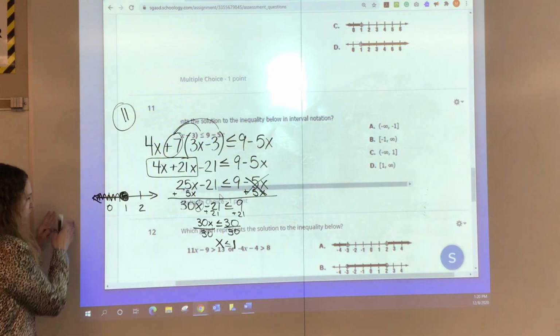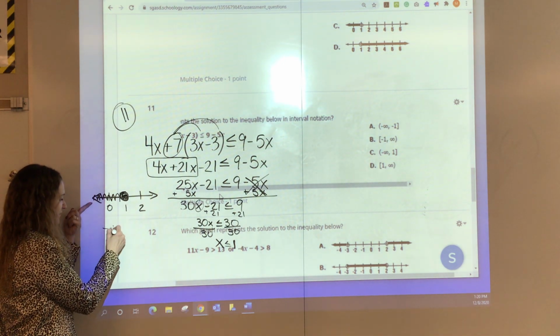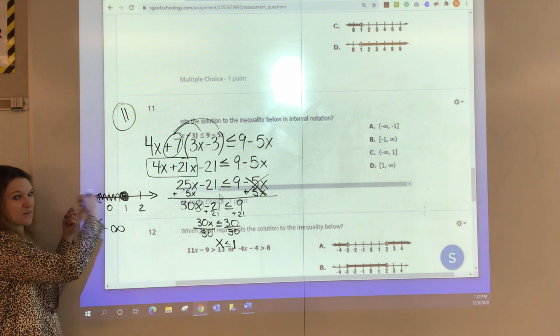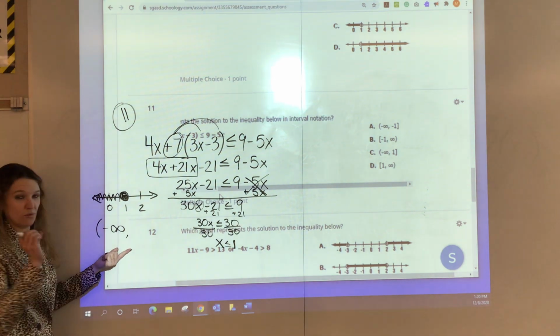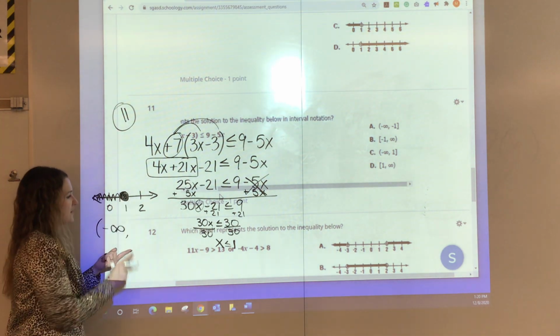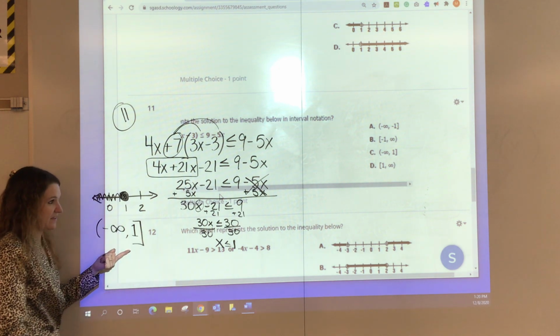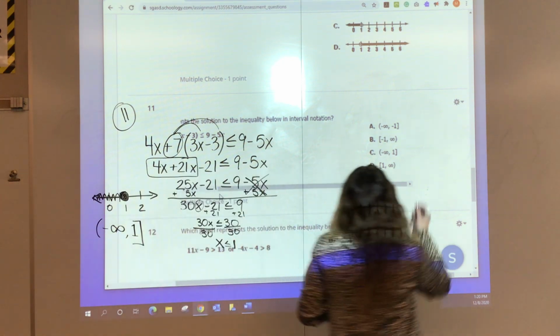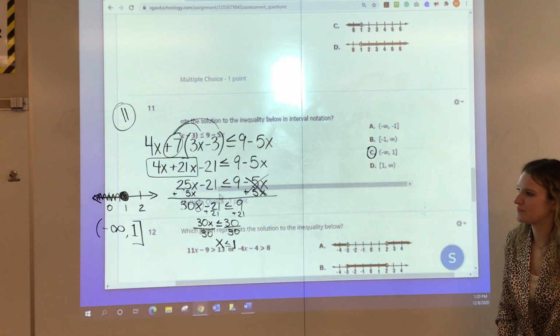So if you start over here and you want to read your graph, I hit -infinity first, which means it's going forever in the negative direction. Whenever you have that, you use a parenthesis, comma. The only time you ever use brackets is when you get to a solid dot or filled-in circle. That one is a solid dot, which means I need a bracket. Going over here, I can see that letter C would be the correct answer.